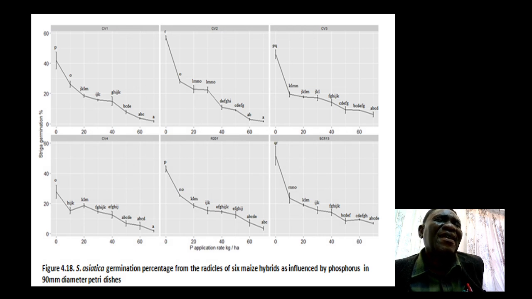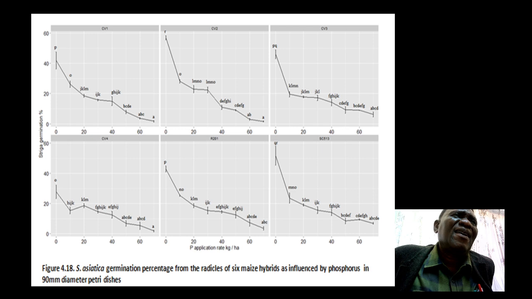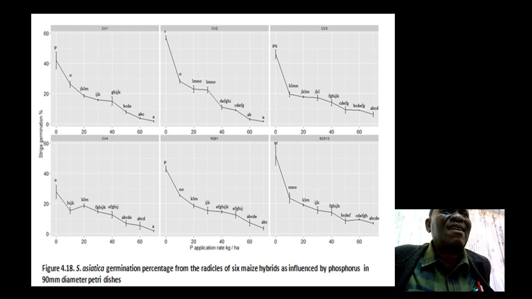He had 6 maize genotypes, and all the 6 maize genotypes had a tendency to show the decreased Striga asiatica germination or emergence. So it didn't matter which variety.